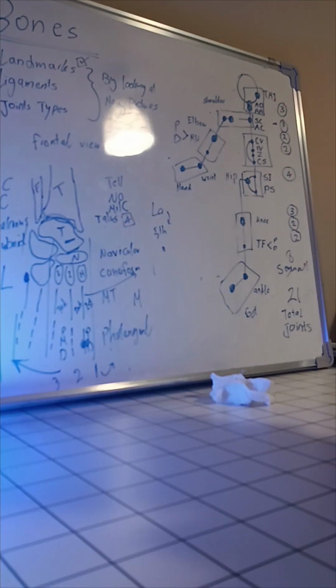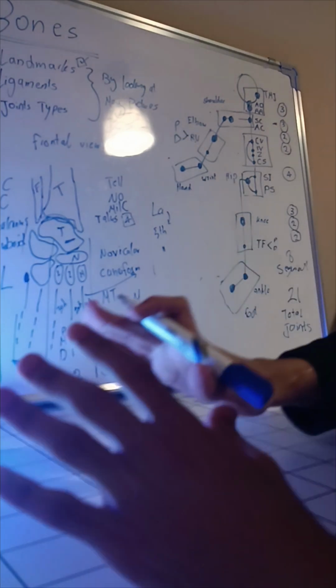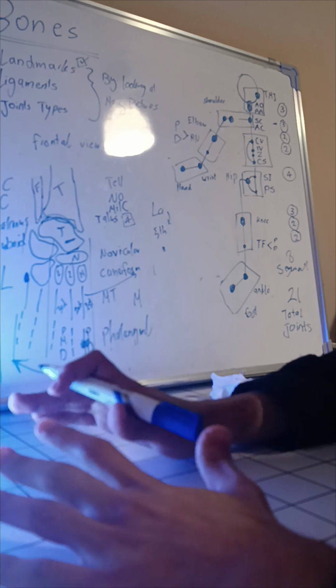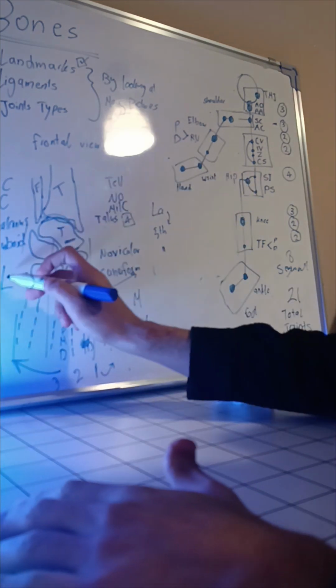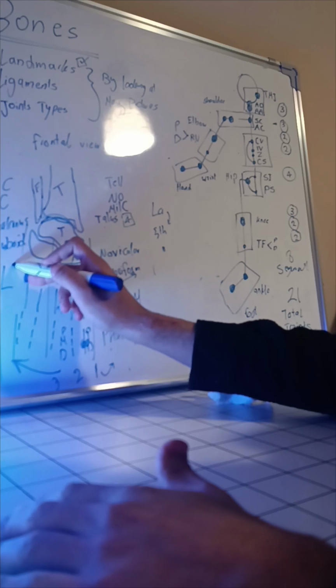Okay, and the calcaneus has the tuberosity, the groove, and the sustentaculum tali, and on the other side the fibular trochlea, in the body. Calcaneus has four as well. Laterally, the fibular trochlea.